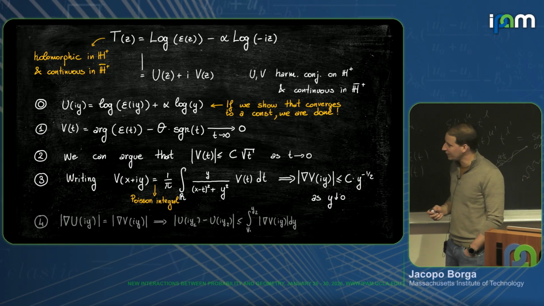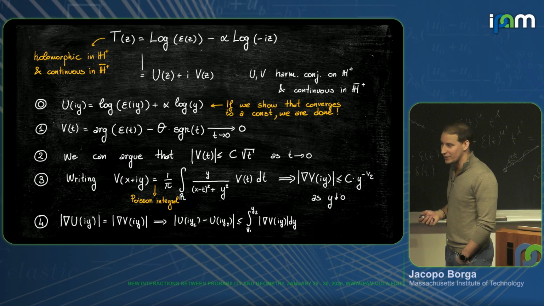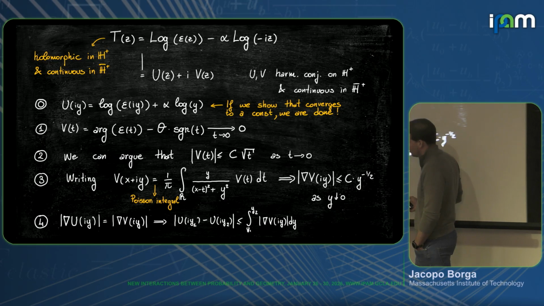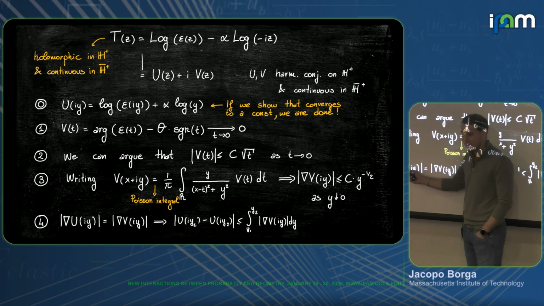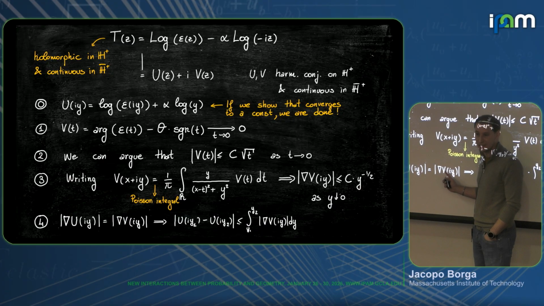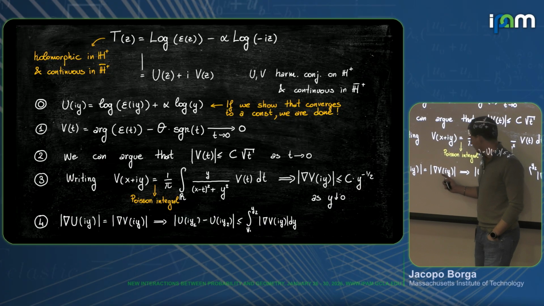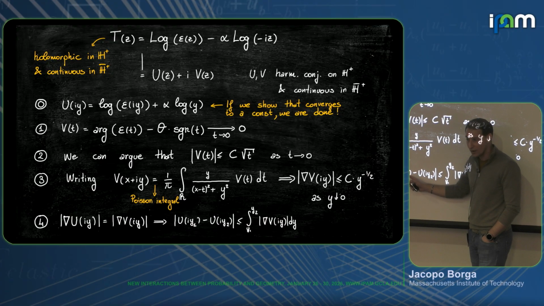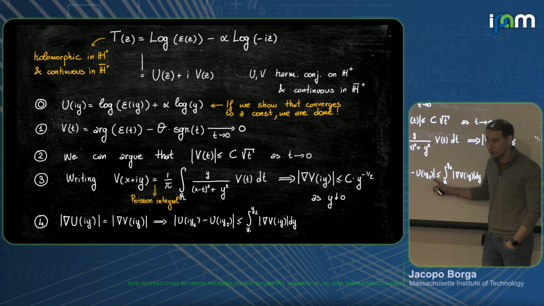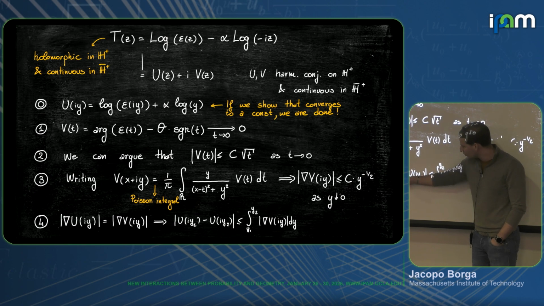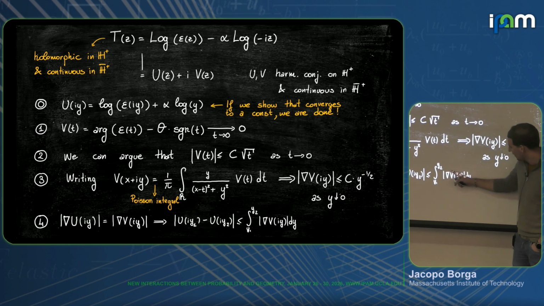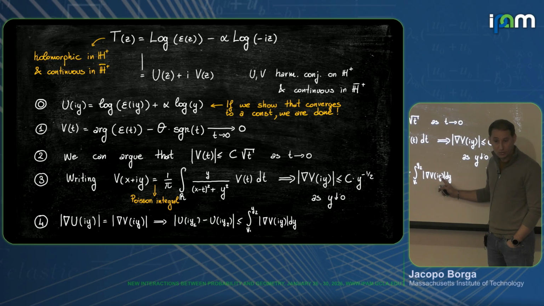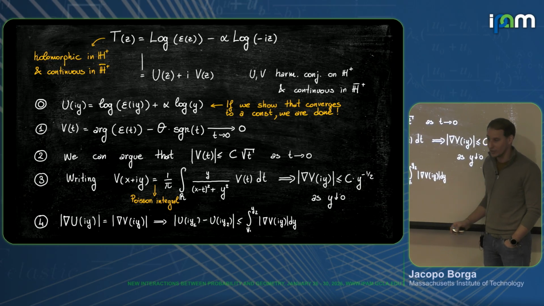And the reason why you're very happy is because now you remember your Cauchy-Riemann equations, which tell you that the modulus of the gradient of u is actually the modulus of the gradient of v. But if you now take u(iy1) minus u(iy2), it's quite easy to bound. The difference is at most the gradient of u integrated between y1 and y2.